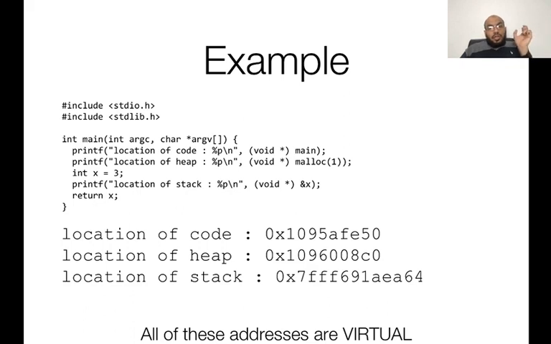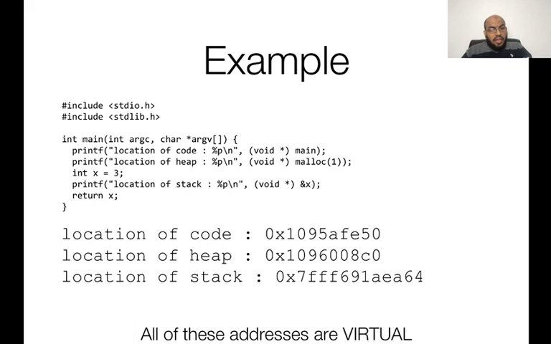Now we want to print where your heap is. So for your first ever memory allocation, malloc1, you print the memory address of that using a void pointer. You're basically printing the location of the heap. And you see that the heap comes right after the code.